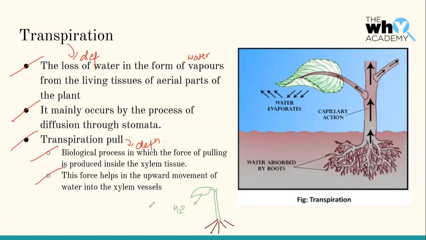Basically, what you need to understand is the water concentration was low here in the atmosphere and it was high here. Okay, because of that, the water is given out. So now what happens is now here inside the leaf, it has become low again because whatever water was there, it gave it out. Okay. So now because it has become low in the leaf, there is one kind of a force or some kind of a pressure which is applied.